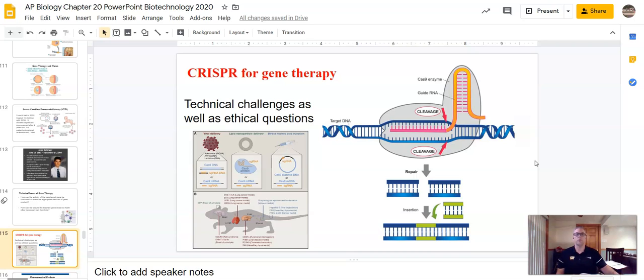Now, today we have CRISPR technology, and we watched a video earlier in this chapter that talked about how CRISPR could make directed cuts. So here we have the Cas9 system, as well as the guide RNA, and you notice that it's going to make a cut, and if we use the repair enzymes as well as the corrected gene, the idea is that we're going to be able to incorporate some of those corrected genes.